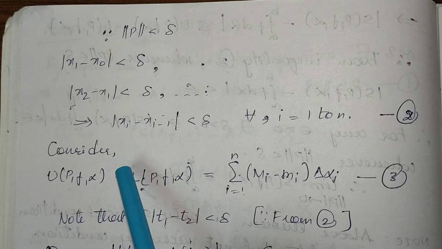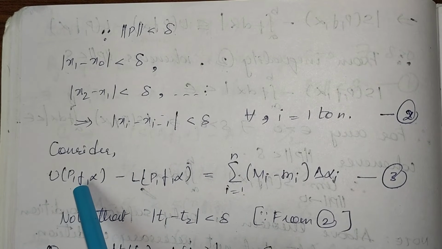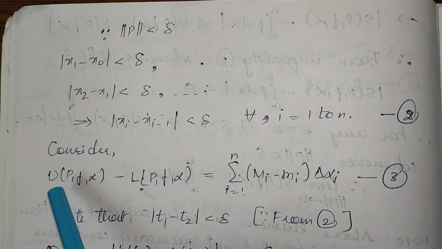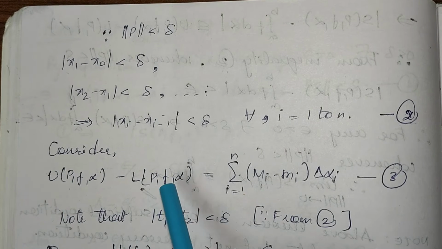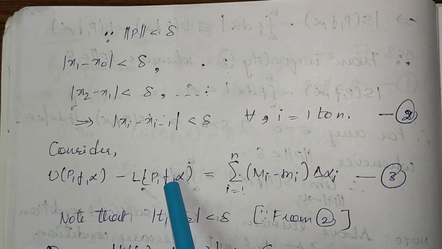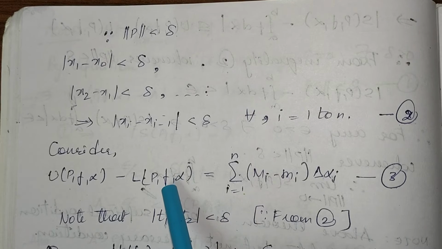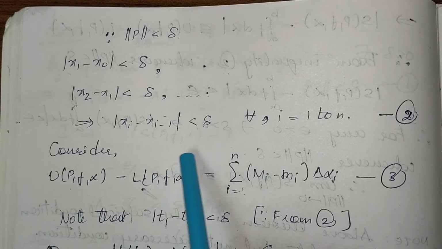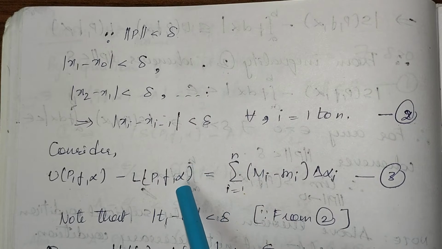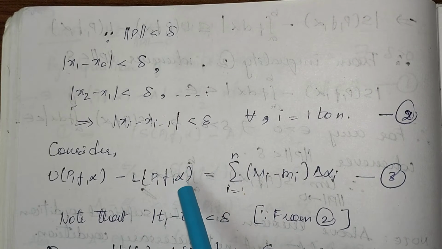Now I need to prove f belongs to R(alpha). So I need to prove that the difference between the upper sum and lower sum is less than epsilon. That is according to the condition of integrability. So I will consider this difference, and later I will prove that this difference is less than epsilon.